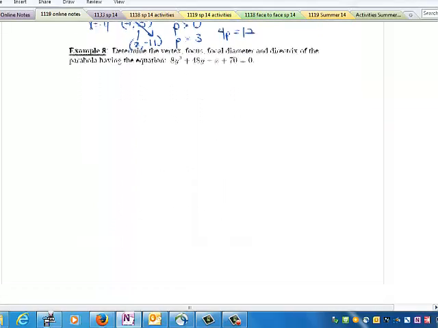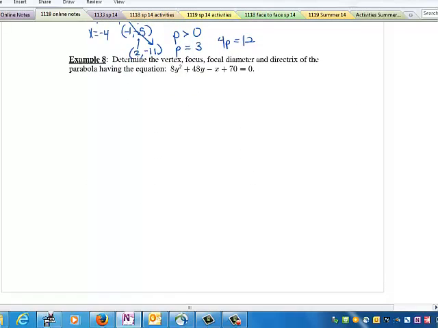And then the last example, we need to take this equation that's given and rewrite it into the standard form for a parabola. So notice that the y group is squared, so we want to work on completing the square in the y's.